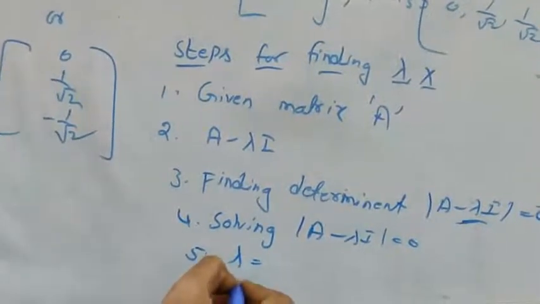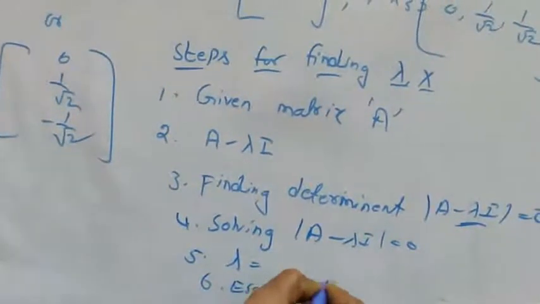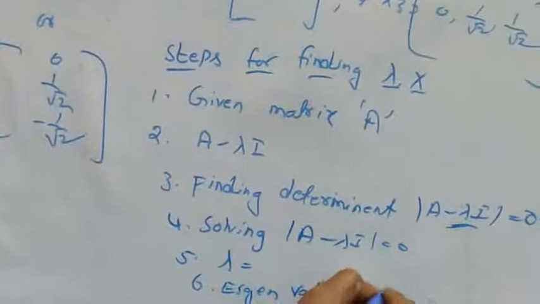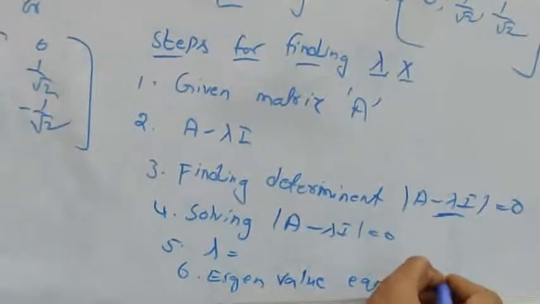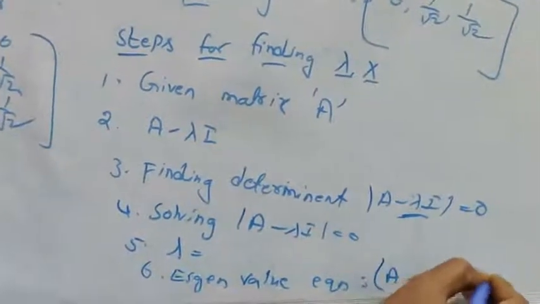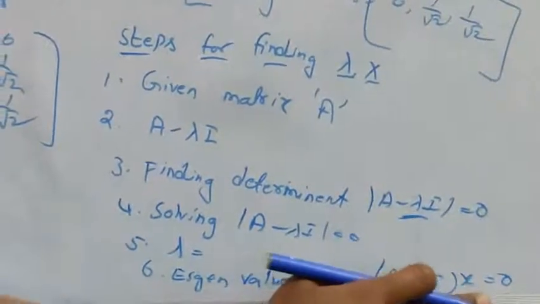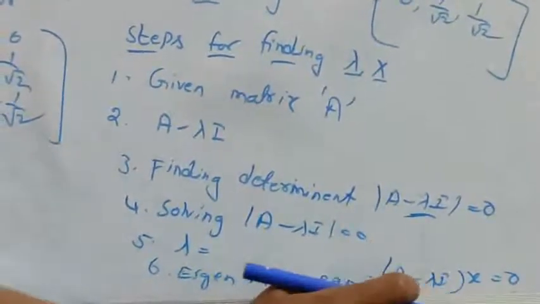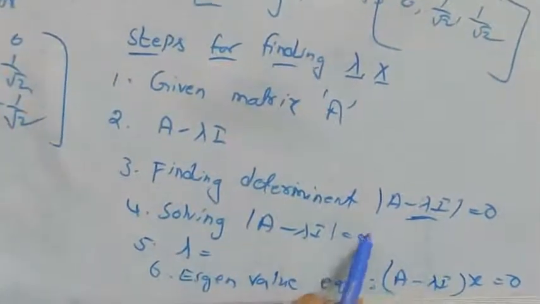Next, after getting the lambda values, consider the eigenvalue equation. What is the eigenvalue equation? A minus lambda I into x is equal to 0. Now from this we have to apply the different cases for the lambda values.